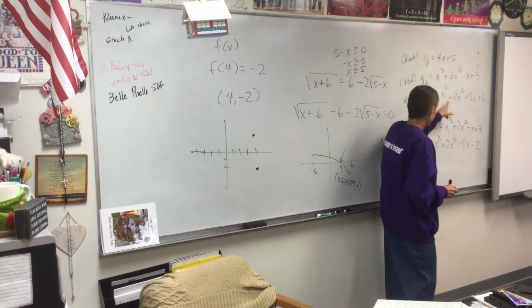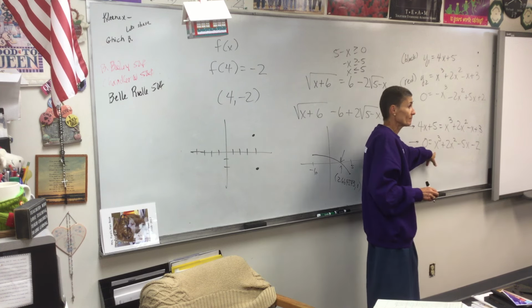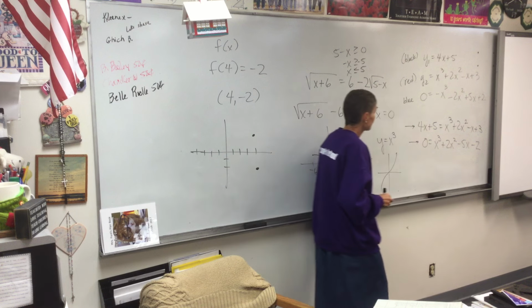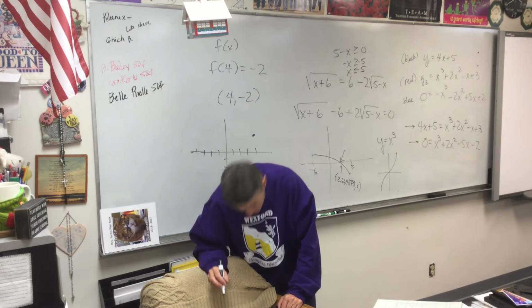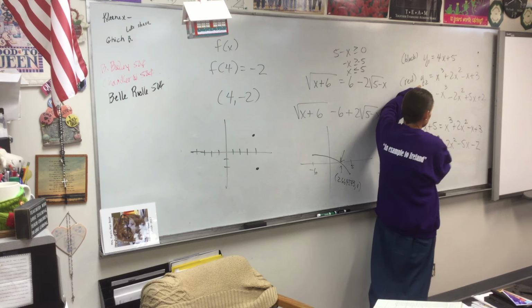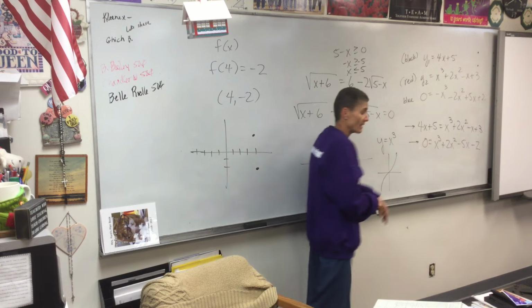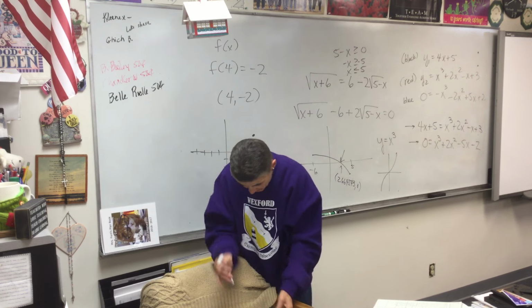Could you divide this one by a negative and end up with this one? Yeah, so they're the same. They're exactly the same equation. These have the same x-intercepts, because if you divided this by a negative, you'd be left with the same equation.